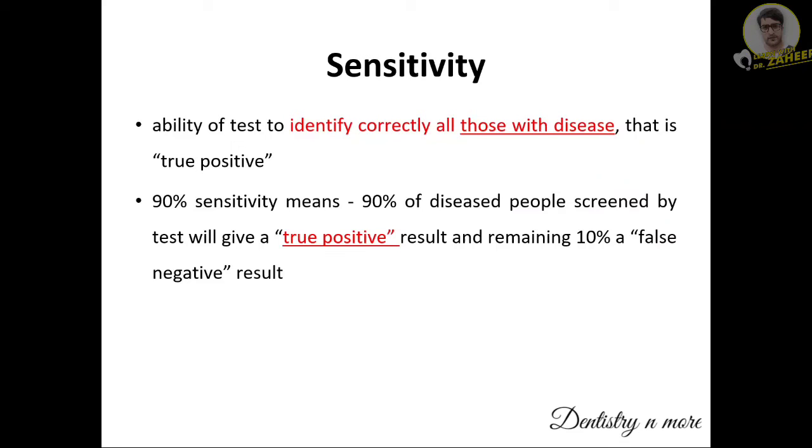So what about the 10%? This test is saying they are false negative. It says there is no disease, but they actually have disease, right? Because all 100 people have disease, but this test is able to detect only 90 of those 100. The remaining 10 are false negative. That is sensitivity, the ability to correctly detect the disease cases.